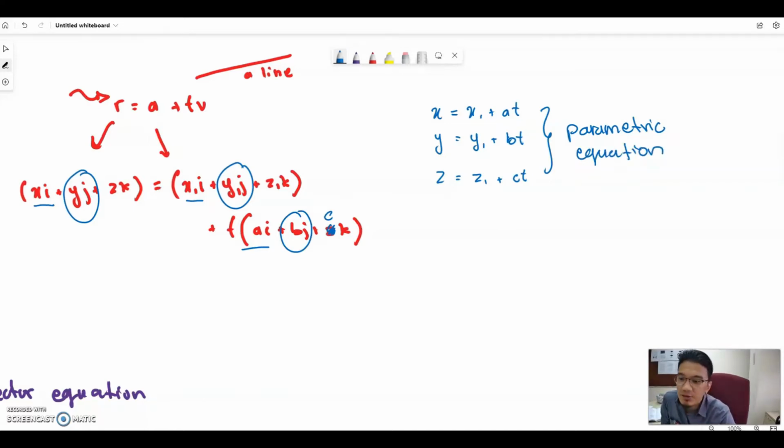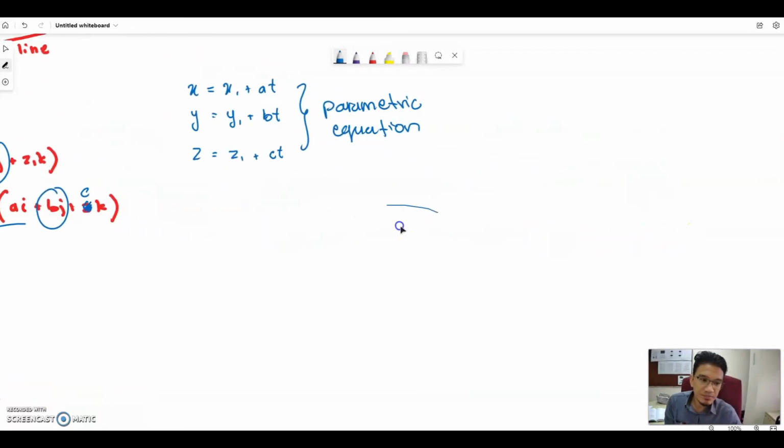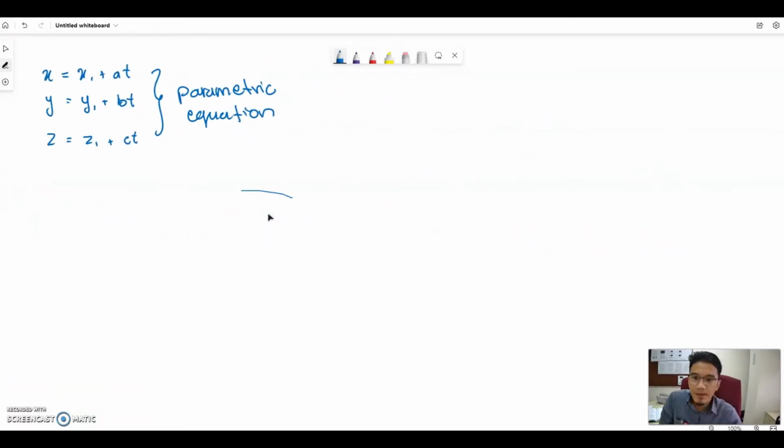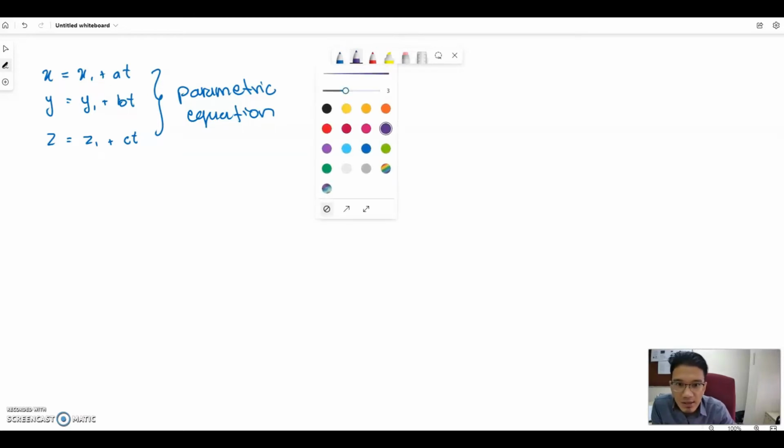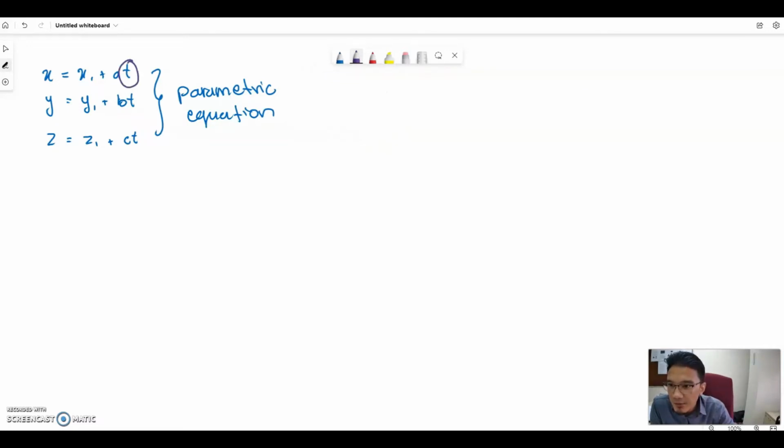So now we already know the second type of equation for a line in space, which is the parametric equation. The first one is the vector equation. Next, we can say that all of these equations have the t.